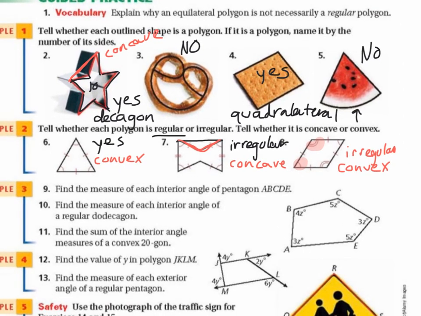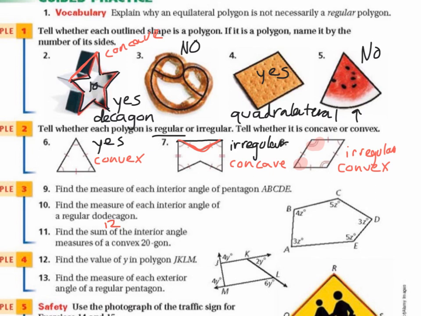Okay, and let's do number 9. Oh, you don't have to do that one for homework, right? Because it's just evens. So let's do 10. Find the measure of each interior angle of a regular dodecagon. So how many sides does a dodecagon have? 12.